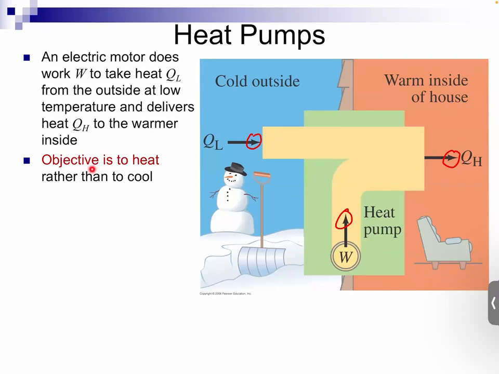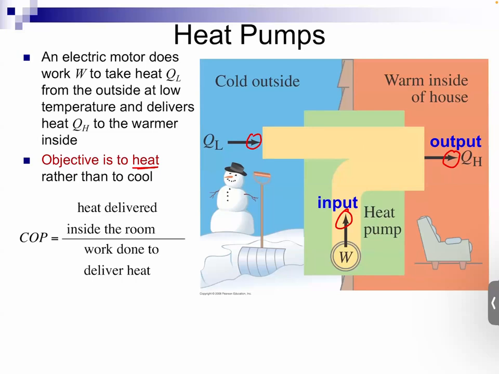So similarly, the objective for the heat pump is to heat up the room rather than cool it down, as opposed to the refrigerator. So the output we want is the warm room, QH, and the input is the work that's done by the motor that will move the energy from the cold outside to the warm inside.